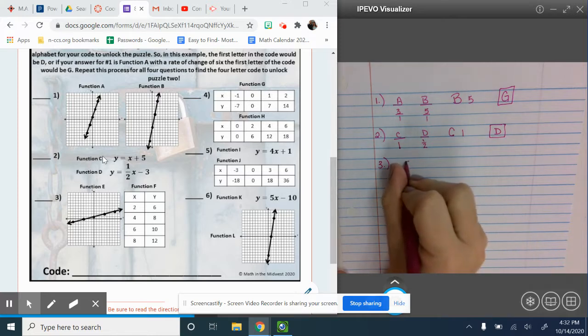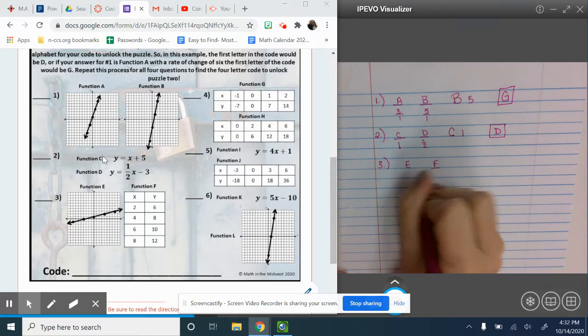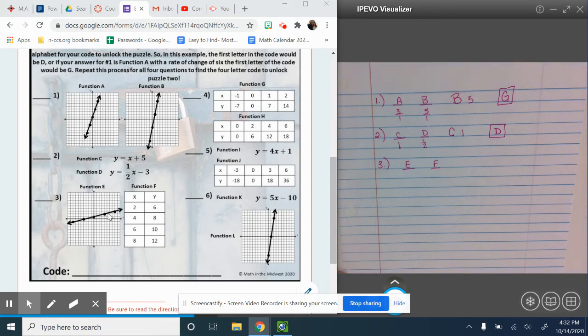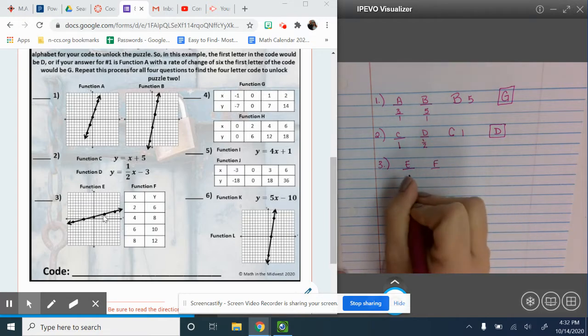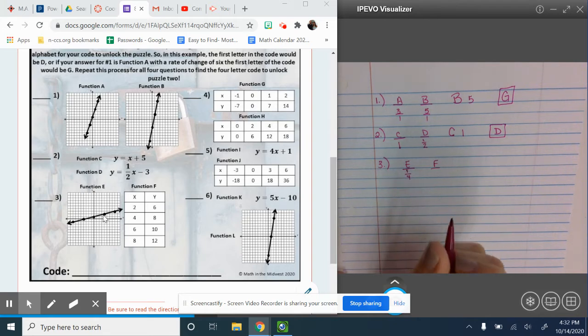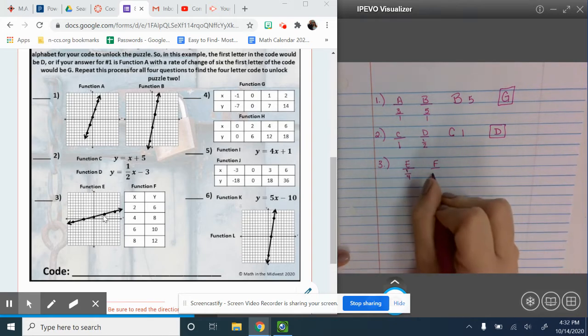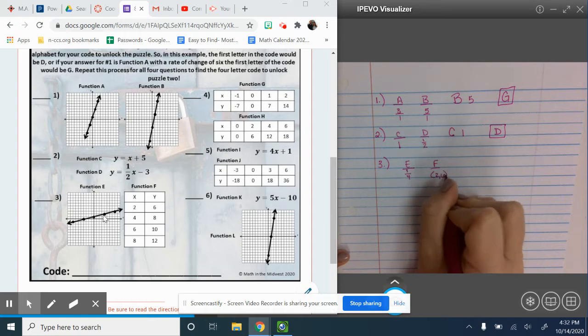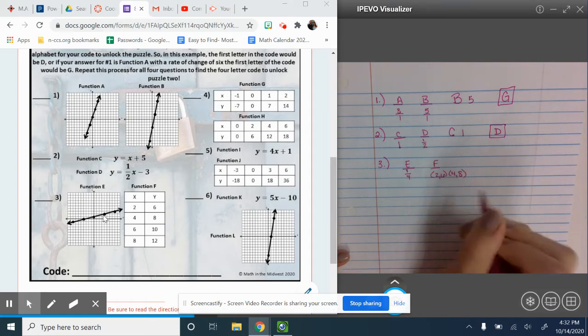On number 3, we have E and we have F. So when we count the rate of change for E, we go up 1 and to the right 1, 2, 3, 4. So up 1 to the right 4. And on F, we have to pick 2 points. So I'm going to just use (2, 6) and (4, 8). And we have to find the slope.